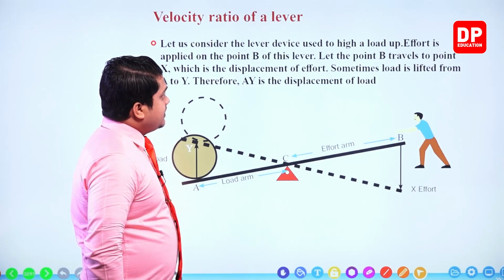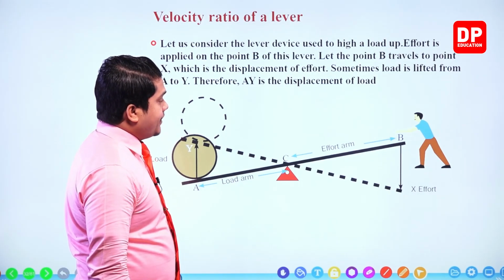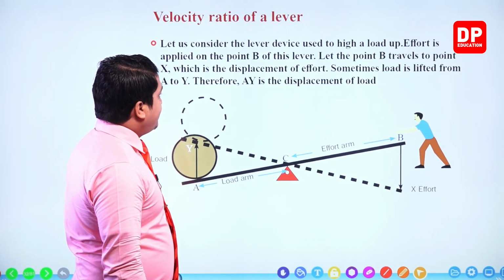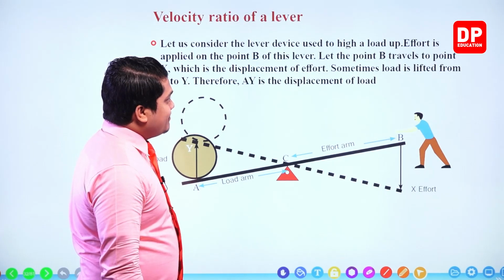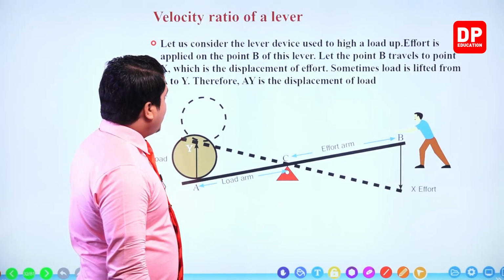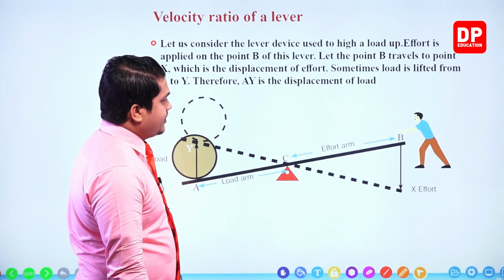Let us consider the lever device used to lift a load up. Effort is applied on the point B of this lever. Let the point B travel to point X, which is the displacement of the effort.